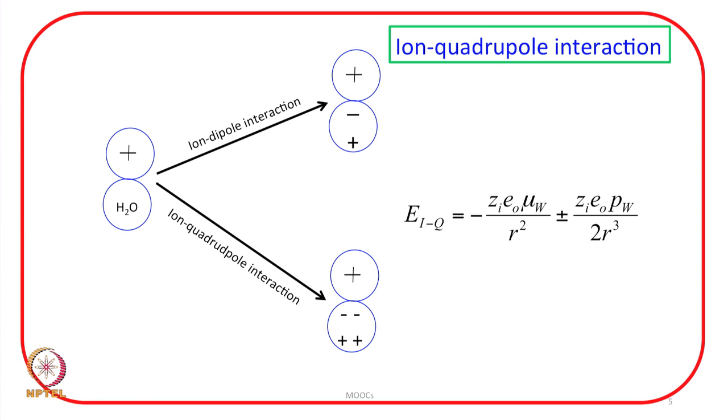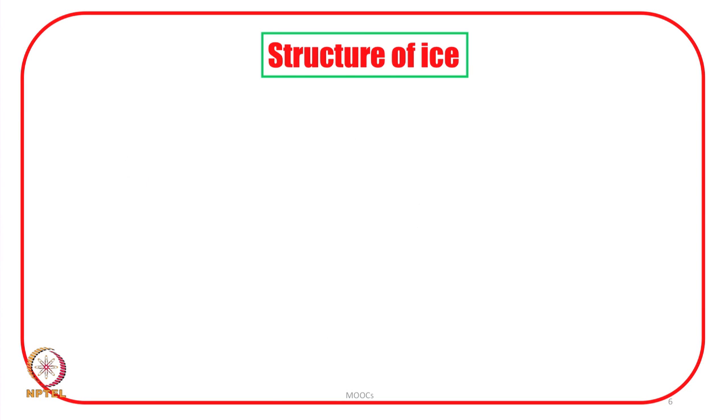We will continue our discussion on the effect of a variety of solutes on the structure of water and how it can affect the heat capacity. But before that, let us actually try to understand what is the structure of water.